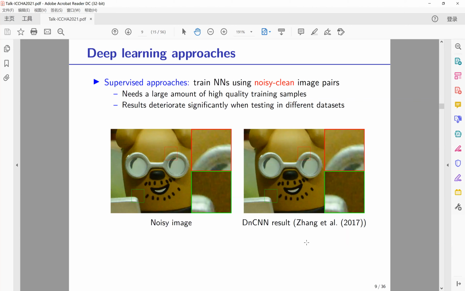However, in this approach, we know that the generalization error is a key issue. When the test image is out of the distribution of our training set, then there are no denoising effects for the pre-trained network. So we always want to relax these constraints when we want to do the image denoising task.